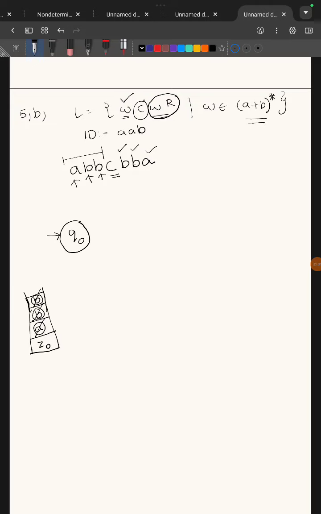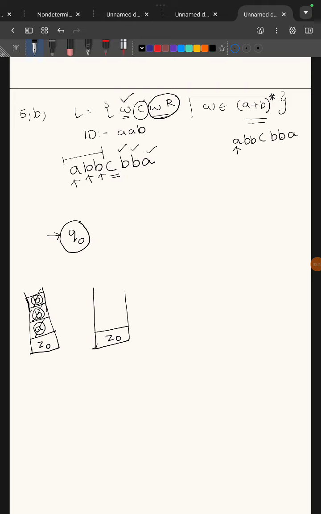Now we will implement the same thing using the pushdown automata. Initially your stack has nothing but Z0. If your string is, for example, the same thing, A B B C B B A, what is the first symbol that I am going to push inside the stack? A. So A will be pushed inside my stack. How can I write this?